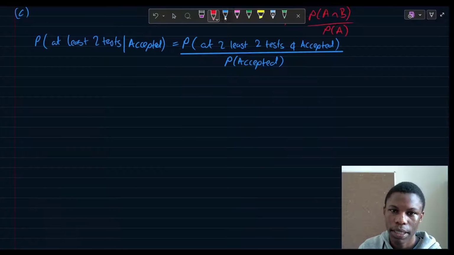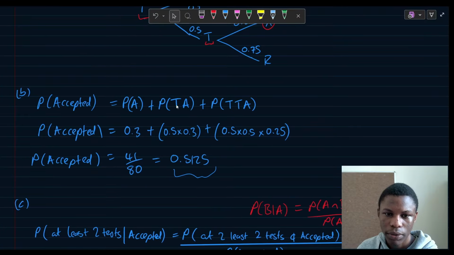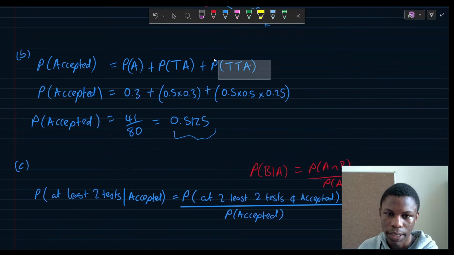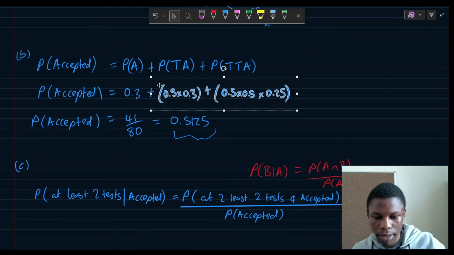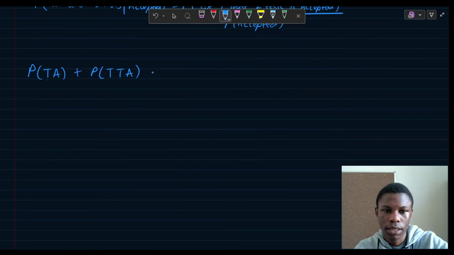So that becomes the probability of test 1 and then accepted on test 2, or test 1, test 2, accepted on test 3. We evaluated these probabilities already, so that's this section here, which is equal to that bit.